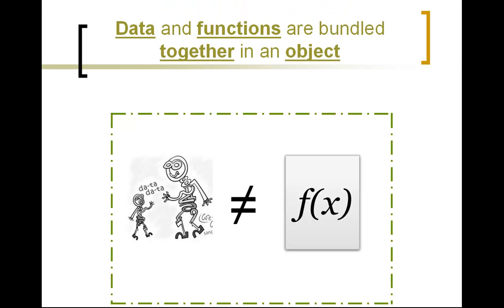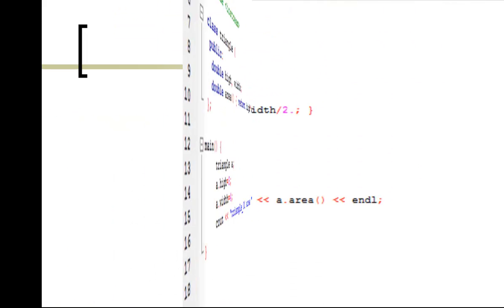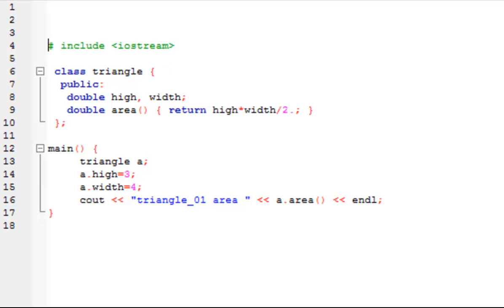According to encapsulation, data and functions are bundled together in the same entity, which is called an object. For example, we may define an object representing a triangle that encapsulates the calculation of the area and its characteristics, height and width.